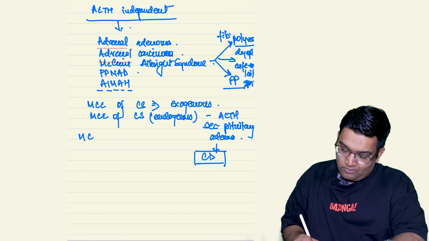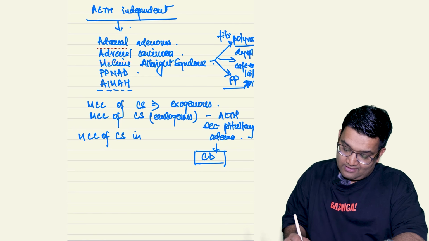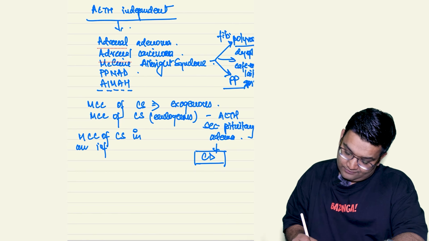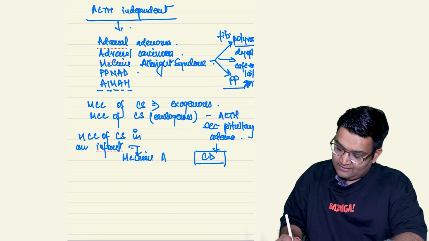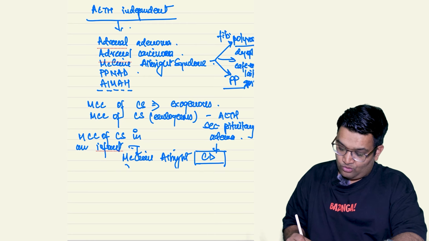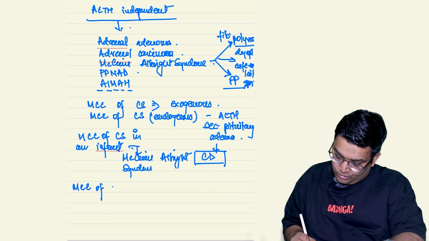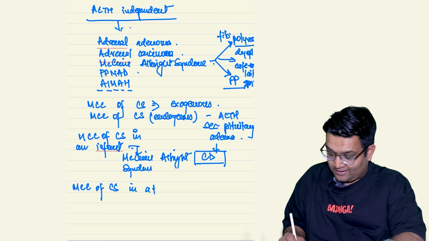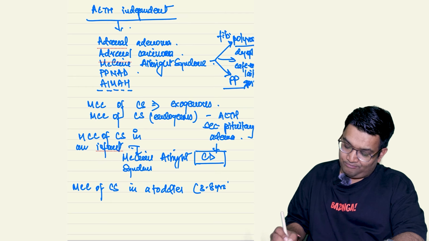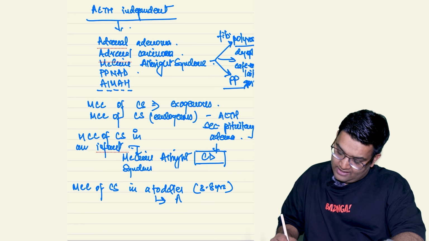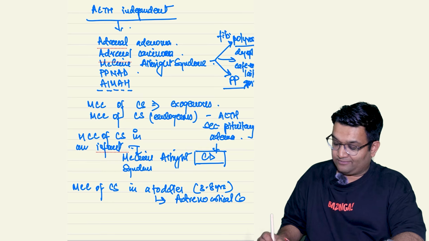Now, the most common cause of Cushing's syndrome in an infant is McCune-Albright syndrome. The most common cause of Cushing syndrome in a toddler, 3 to 8 years, let's say, is adrenocortical carcinoma.